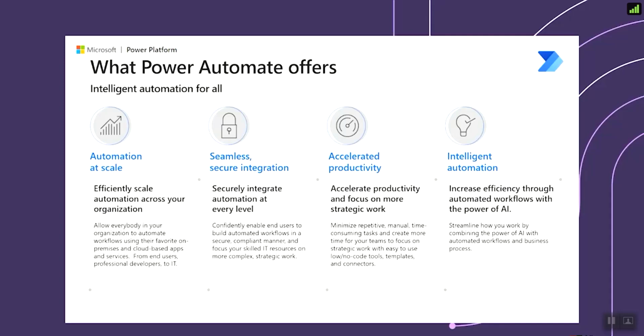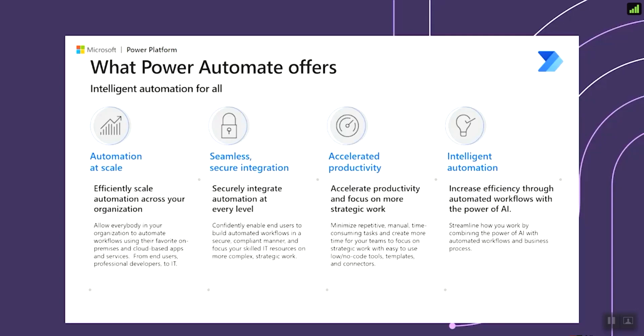So you can securely integrate automation at every level and use confidentiality to enable end users to build automated workflows in a secured, compliant manner and focus your skilled IT resources on more complex strategic work like building custom connectors.